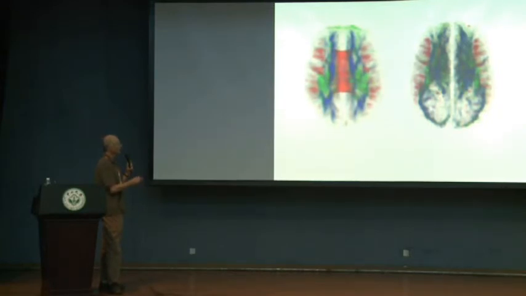Here's the front, here's the back. These different colors encode the direction in which big white matter bundles run. Red is left to right, and the corpus callosum is this big red region here where all these fiber bundles are oriented left to right. It's completely missing on the right in the brain of a patient with agenesis of the corpus callosum.